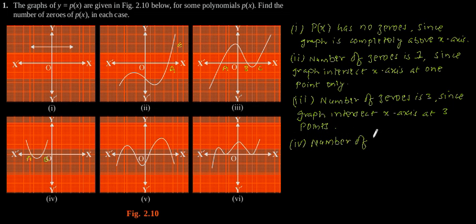Number of zeros is 2 since the graph intersects the x-axis at 2 points.